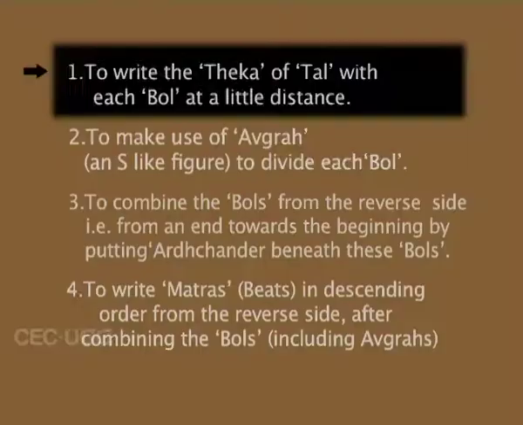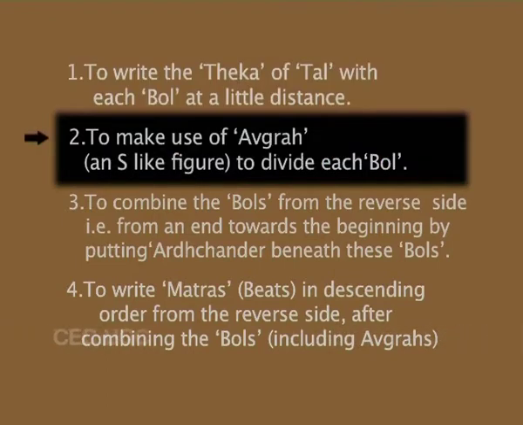To sum up, we can frame some general rules regarding the writing of the complex Layakaris like 3/2 or 2/3 or any other complex Layakari of such nature. Number 1. To write the theka of Tal with each bol at a little distance. Number 2. To make use of avgraha, an S-like figure, to divide each bol.